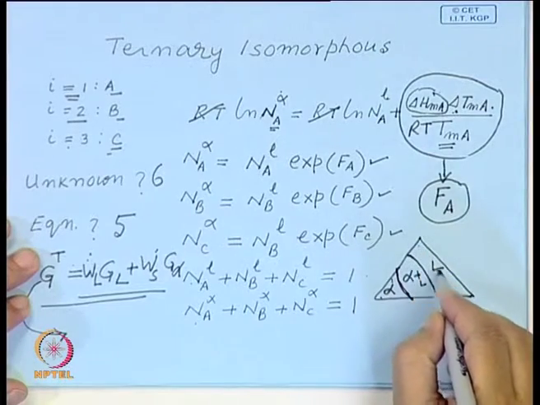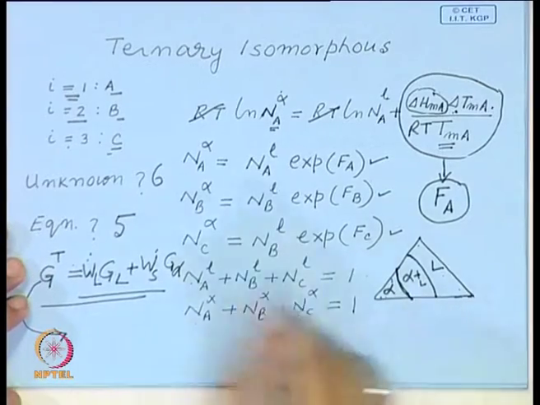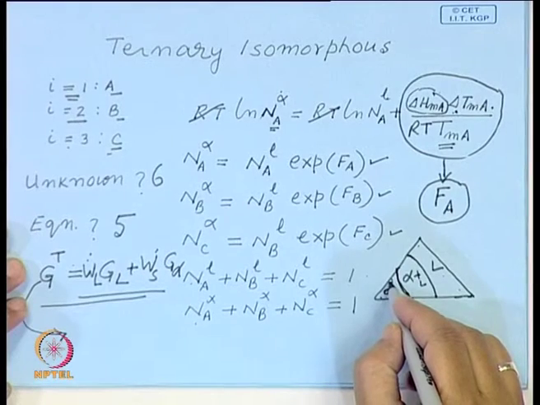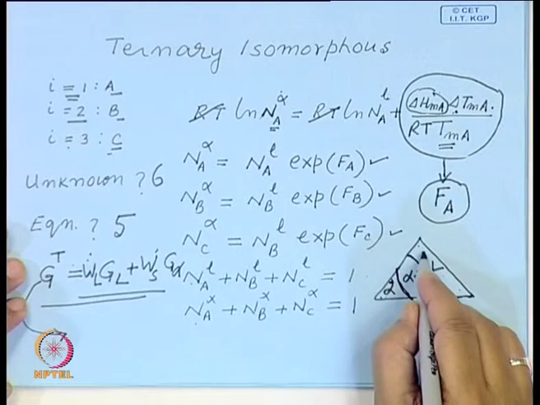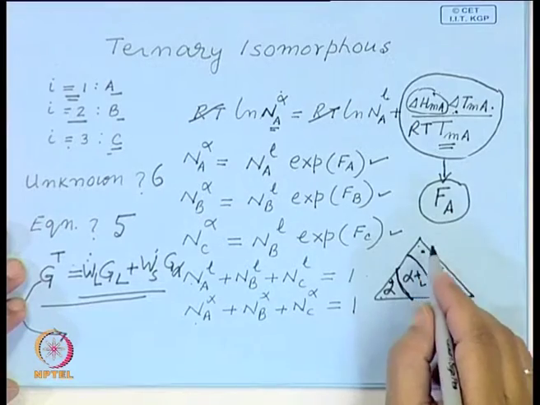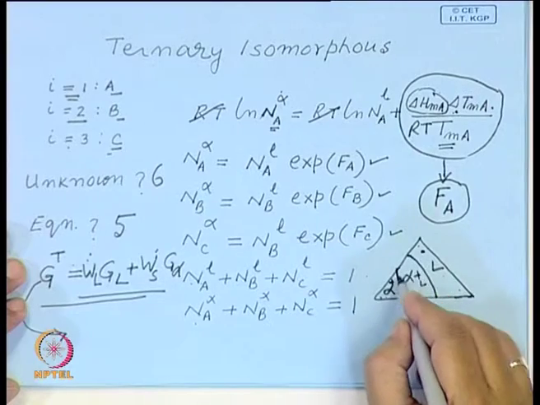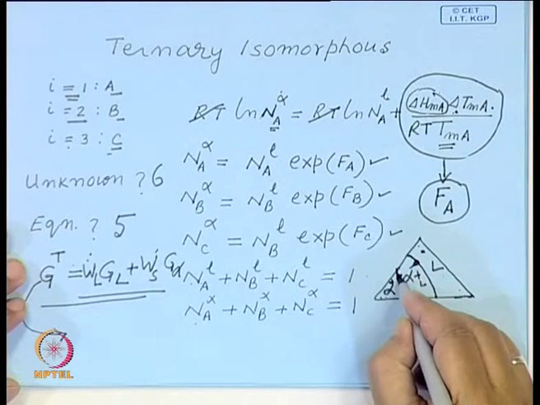So what you are trying to do is solve at every point on this composition triangle and find out which combination of percentages gives the minimum. Suppose here you find that if it is 100% solid, then the free energy is minimum. Here, if it is 100% liquid, the free energy is minimum, but in between it will vary.